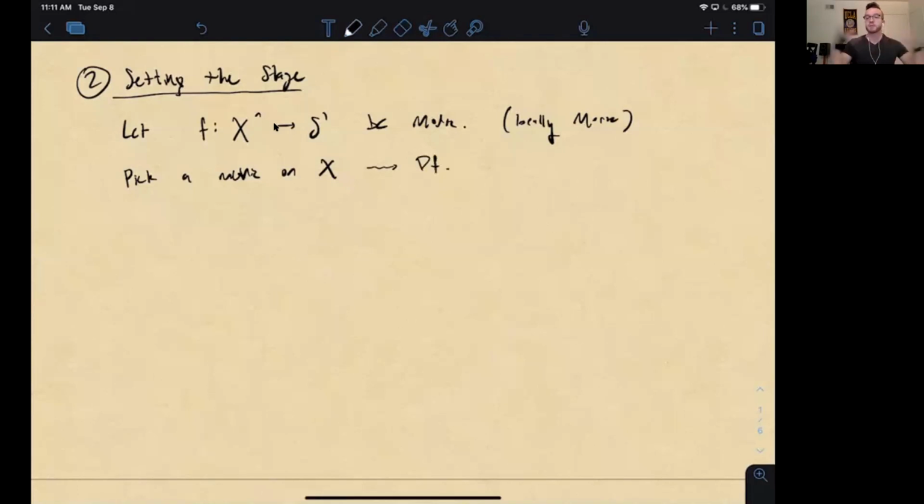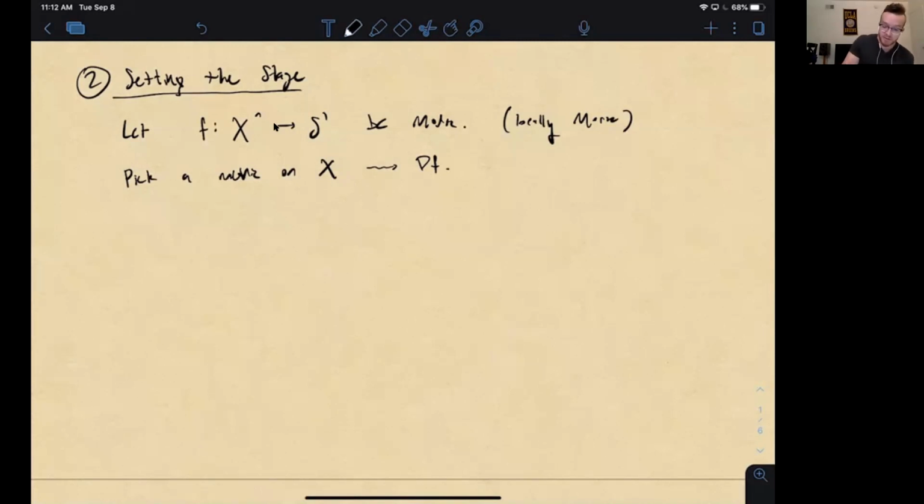And I want to set up a Morse chain complex as usual. The problem is that in this circle valued situation, there can be some weird scenarios where you have infinitely many flow lines between two critical points, and that's going to throw off how we count things.